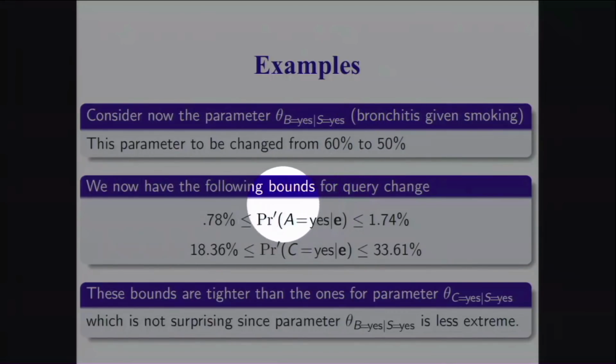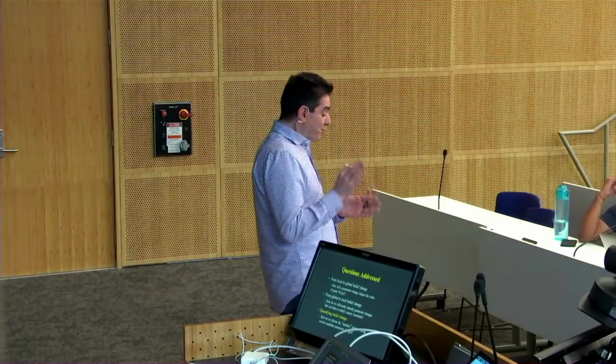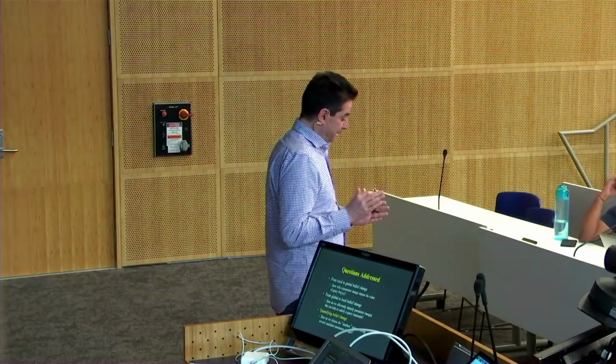For the first query, now is what? This to that, tighter. Correct? Which we expect because this is a non-extreme parameter. And similarly for this guy, it's a tighter bound. Once more, pretty interesting that you're doing no inference. It's a fantastic bound.